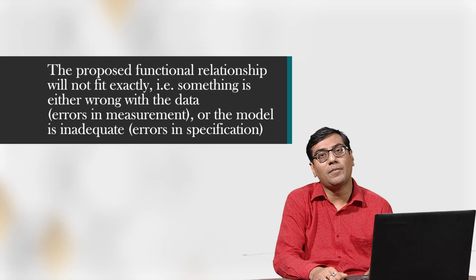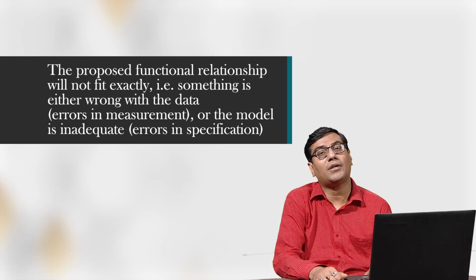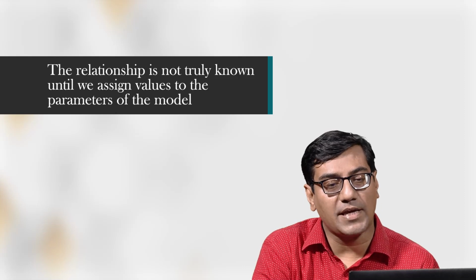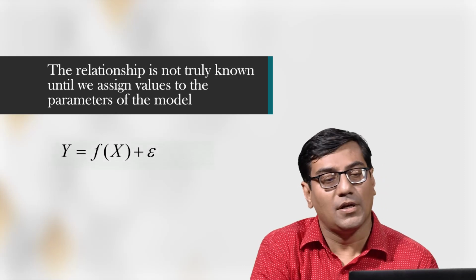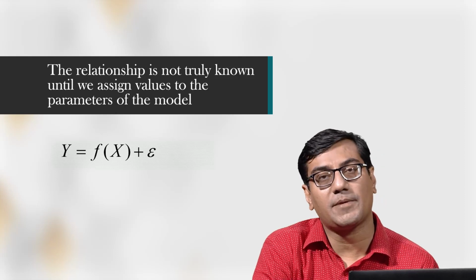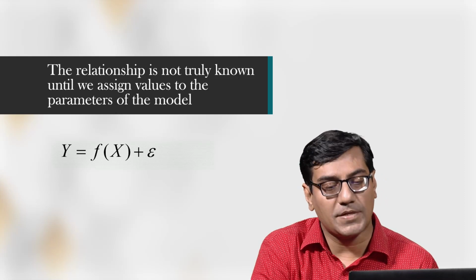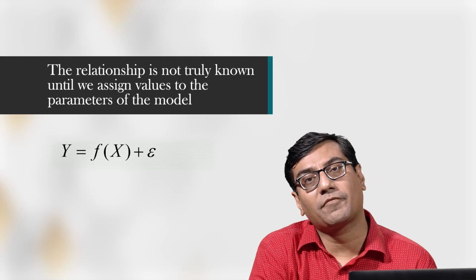So the independent variable is explaining a much smaller percentage than the error term, because in the error term all the unobserved factors are included. So this relationship is not truly unknown, but when we assign values to the parameters of the model, it comes up. So we observe that y is a function of x plus epsilon, where epsilon is the error, or basically the random variable, which takes care of the specification error.